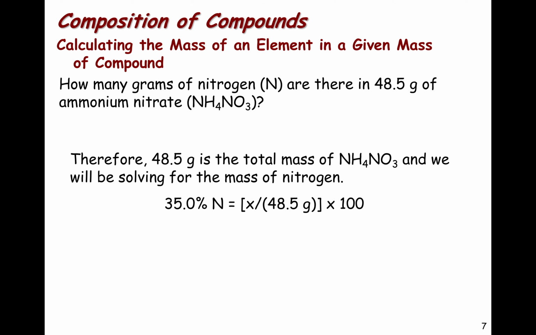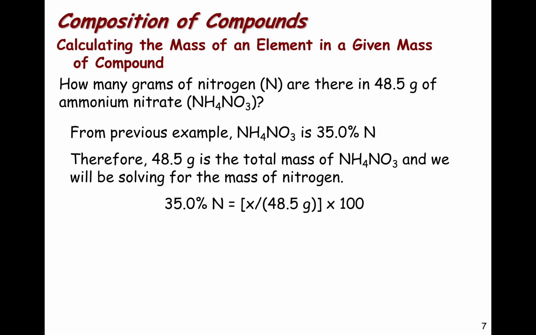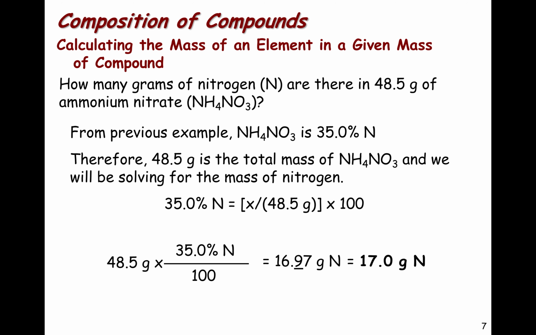We would then plug that into the percentage equation with the total mass of the compound being in the denominator of the fraction, so 48.5, and then rearrange this equation so that you end up with 48.5 times 35 divided by 100, and then that would give, in your calculator, 16.97, with the first insignificant digit being greater than 5, causing it to be rounded up to 17.0.